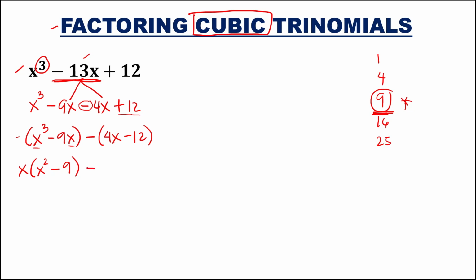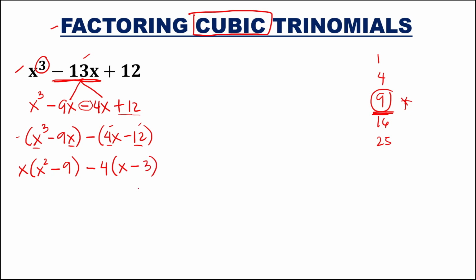Then minus for the second group, the common is 4 because these numbers are divisible by 4. So we need to put 4 outside. So therefore this 4x becomes x. Then minus this 12 divided by 4.